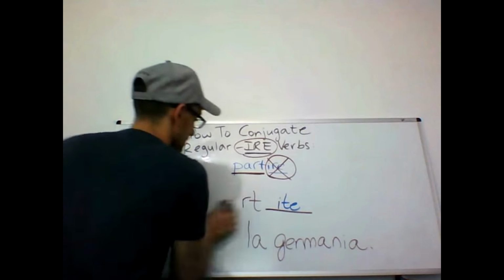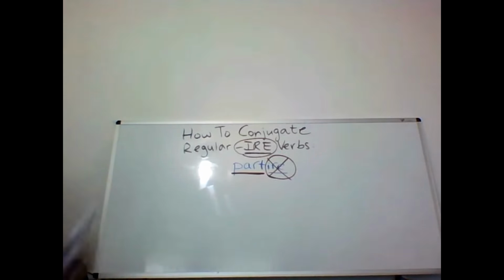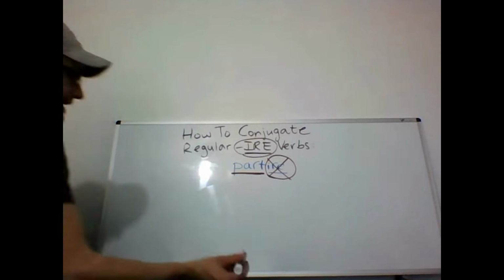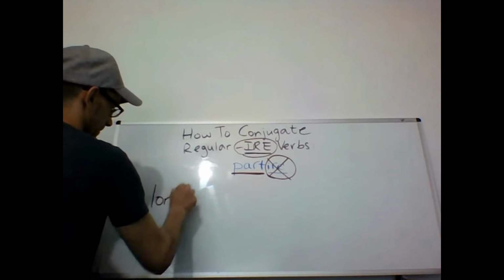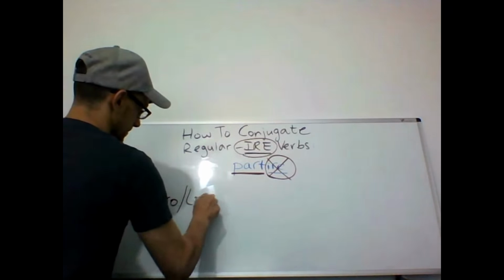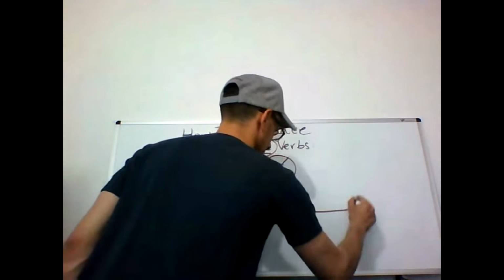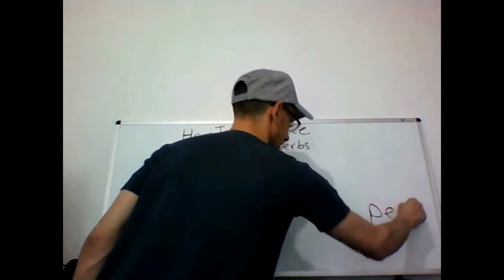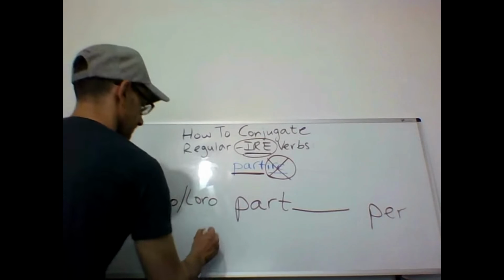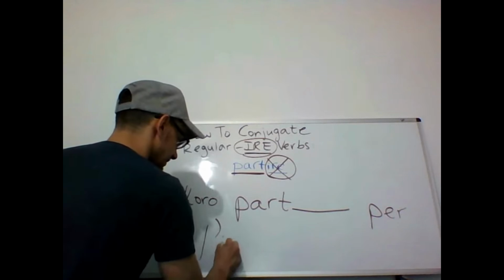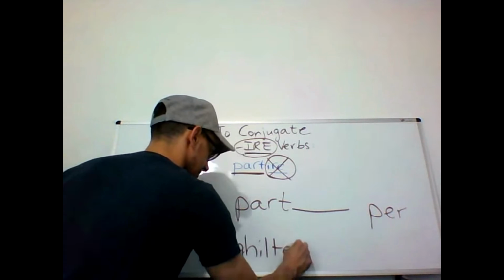Okay. And last but not least, let's get the Loro one in. Now, Loro means they or you all polite. Okay. And let's have them go to England. L'Inghilterra. It's a mouthful.